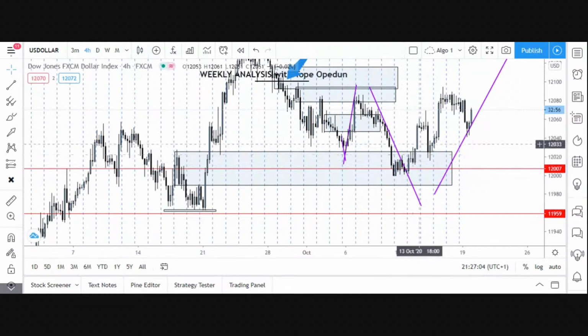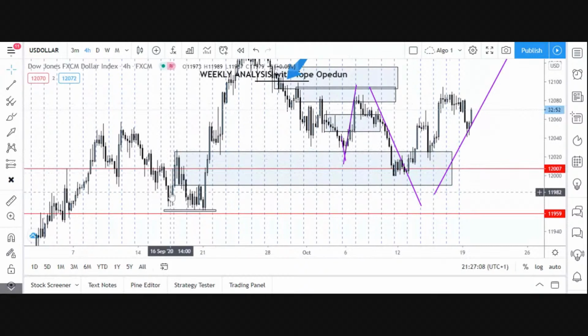And the other reason why I was expecting a bounce is because there's a weekly order block, a bullish weekly order block. If I drop down to the weekly, you see what I'm saying?